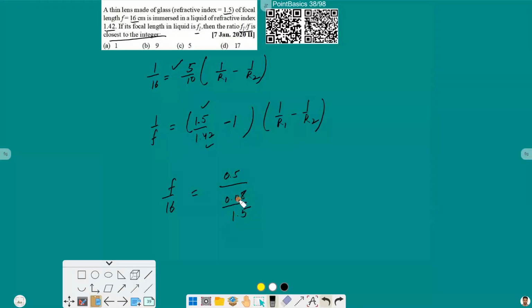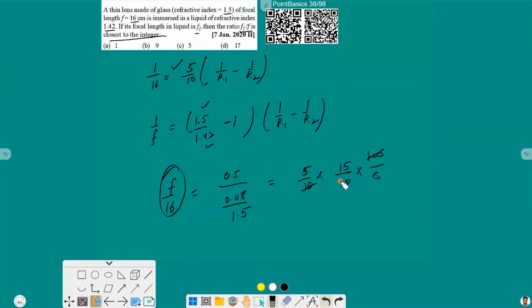As we have to find out the ratio, so we will have 0.5 as 5 by 10, this 1.5 will go above, so that will be 15 by 10, and here you will have 8 by 100.